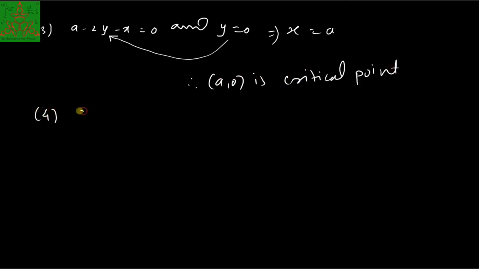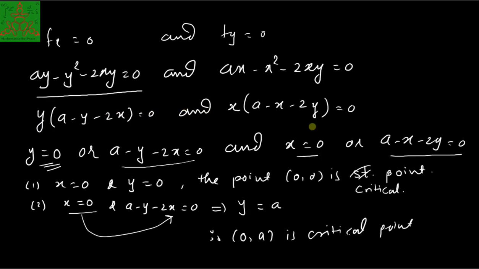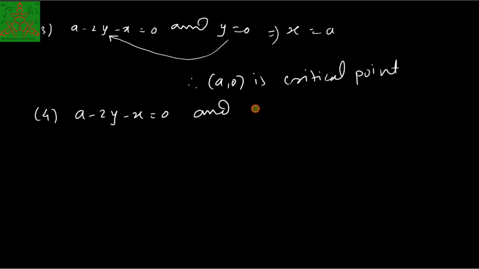The last one is a - 2y - x = 0, and on the other side we have another line, a - y - 2x = 0. By solving these two lines, the first equation is x + 2y = a, and the second is y + 2x = a.